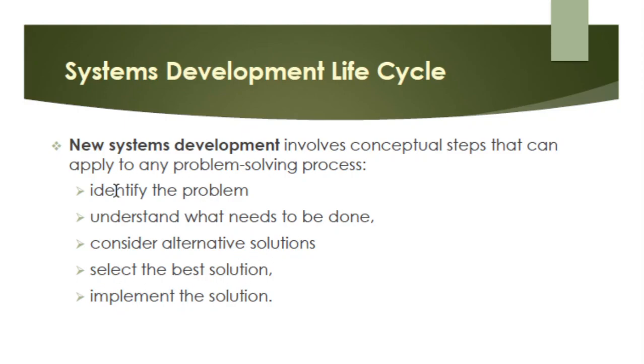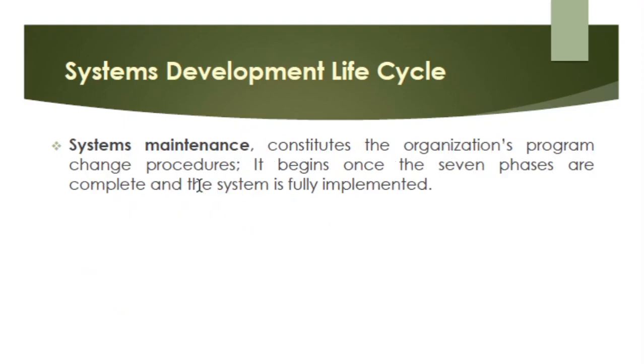So basically, if you are creating a new system, it's just like answering a problem, except there are more details to it, or there are more steps. So the systems maintenance, which is the last part, constitutes the organization's program change procedures. So it begins once the 7 phases are complete and the system is fully implemented.